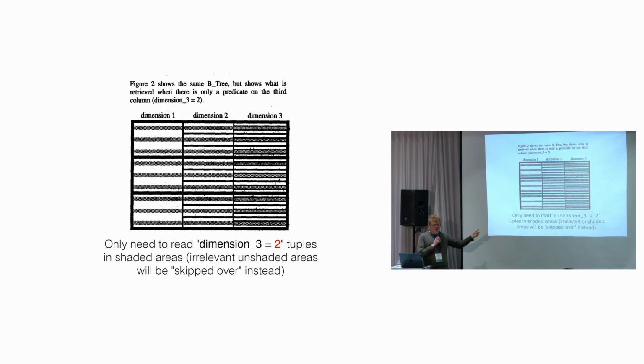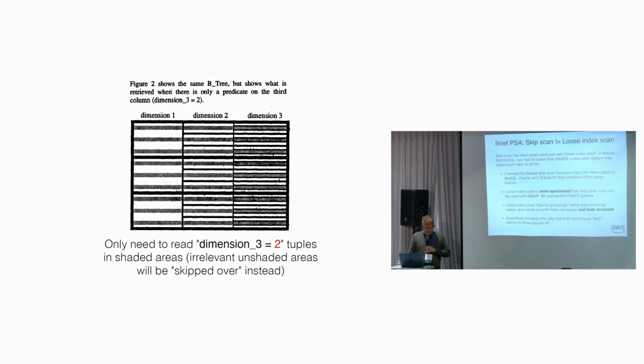Real world examples would typically be some small fraction of the total index would actually need to be read, usually. So this isn't a particularly compelling case for skip scan. It's just a simplified sort of representation of how it works.